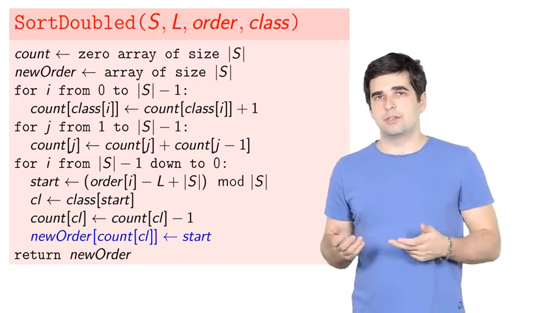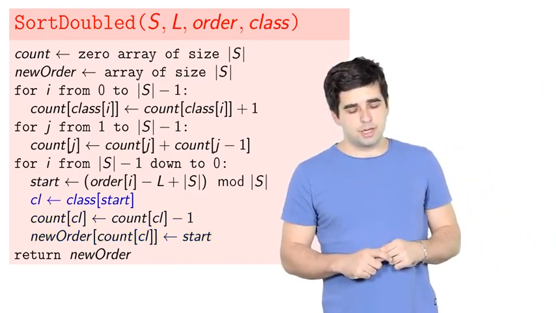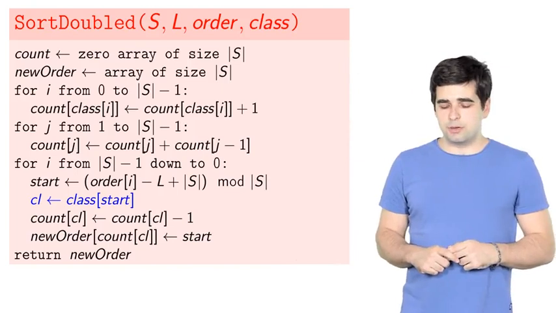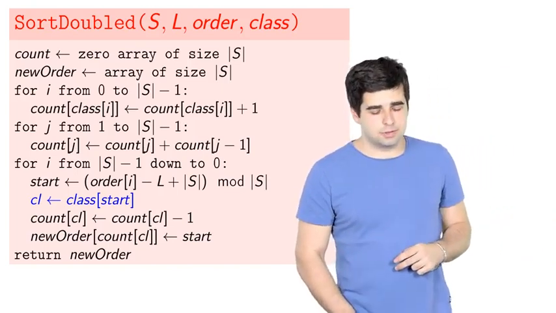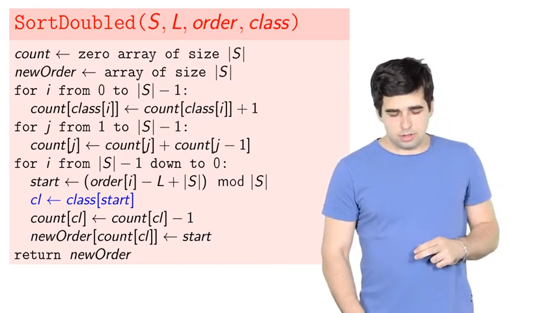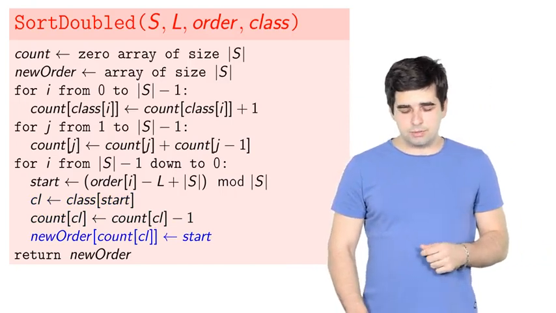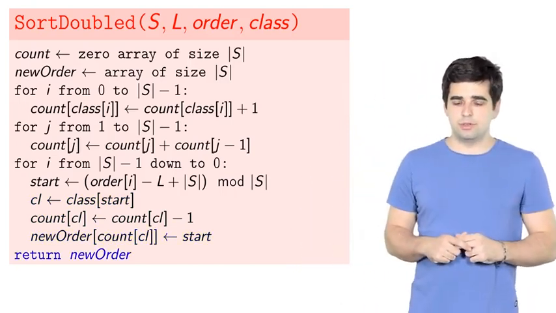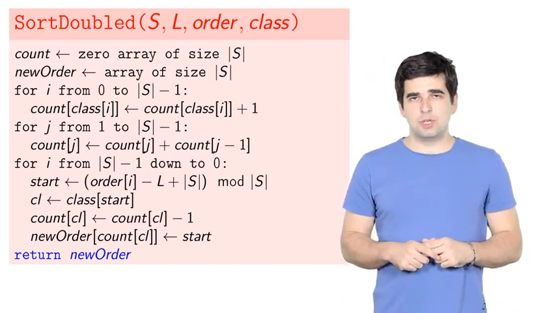So C4 prime ends in C6, and also we look at C5, we take the two previous characters, and C3 prime ends in C5, and so on. So we go by two characters to the left from each of the cyclic shifts of length 2, and we get a set of cyclic shifts of length 4.